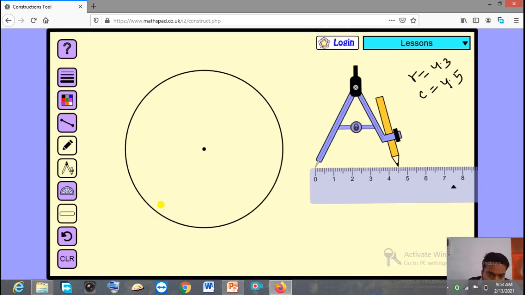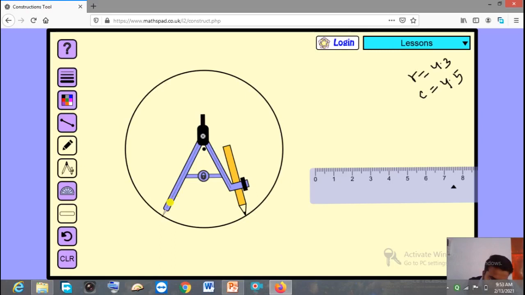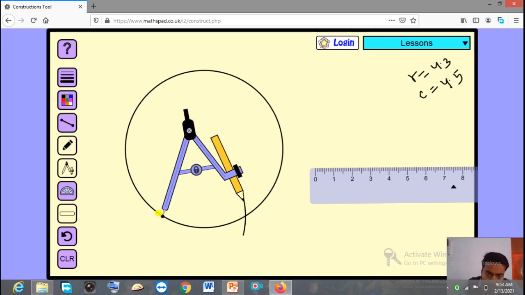Now fix one point on the circle line. Now I am giving the point here. Now bring the compass and fix the metal arm on that particular point. Now move this compass like this, then you will get another point. So the first point we have here and another point we have here.